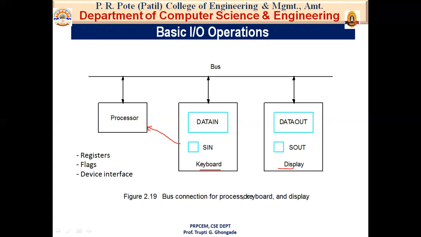It means you must need a set of instructions. So to get the data from input devices and to transfer the data to output devices, there must be an associated block of instructions, one dedicated program for receiving and sending data.